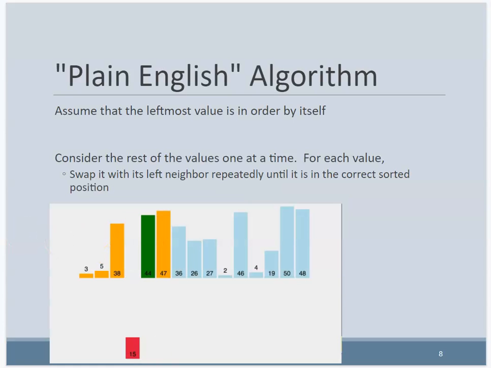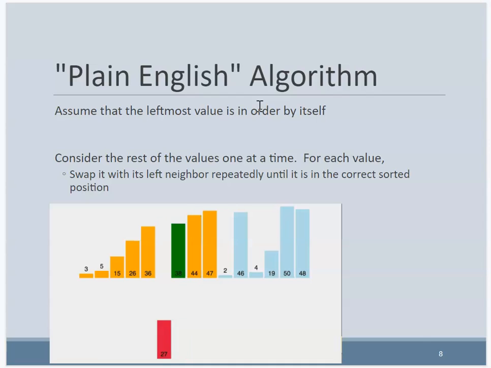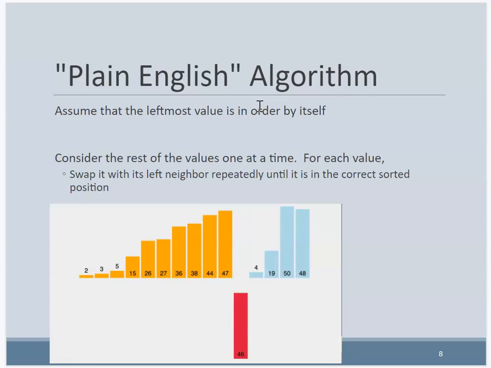The way insertion sort works is you assume that the leftmost value is in order by itself. So consider the rest of the values one at a time. For each value, swap it with its left neighbor repeatedly until it is in the correct sorted position.